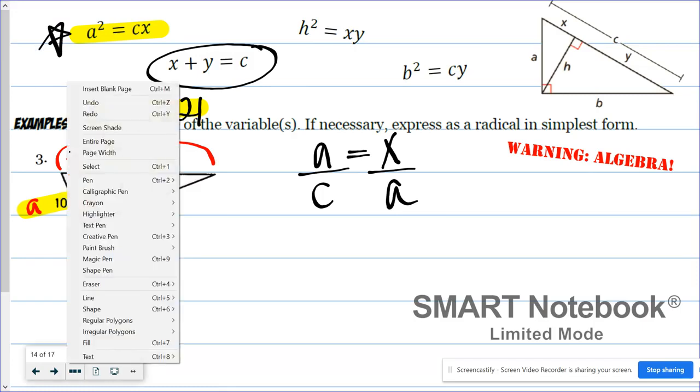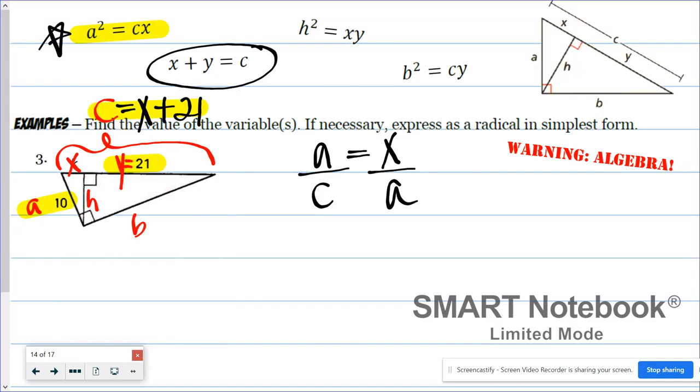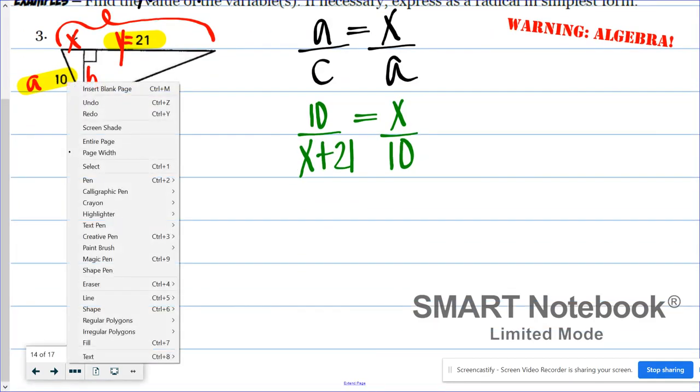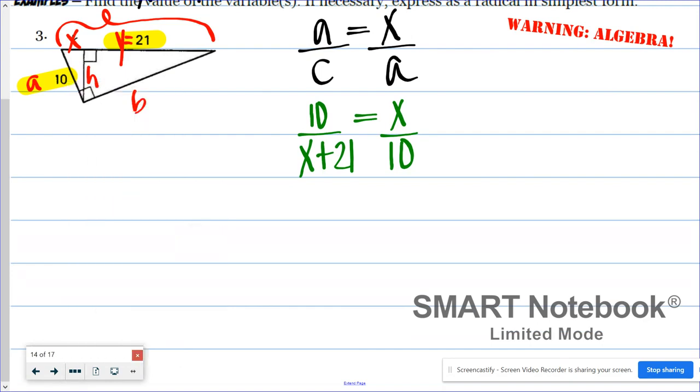So let me throw our values into our geometric mean proportion here. So leg A is 10. The hypotenuse is X plus 21. The adjacent segment is X, and the leg is 10. So here's my initial proportion. So now I'm going to do that cross multiplying.